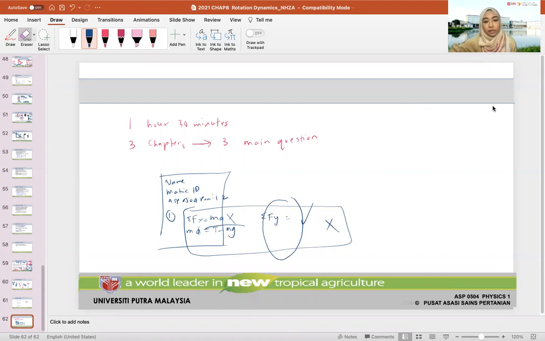When you take a picture as a PDF, if you are using iPhone, there's a built-in app for that using Notes. So how do I show this to you? If you're using iPhone, for Android I will tell you later.